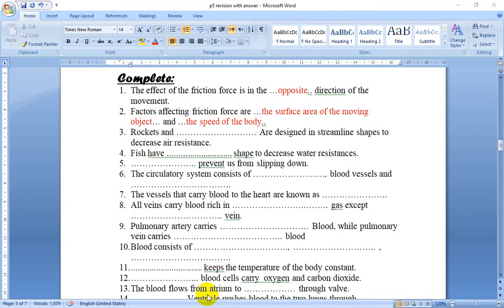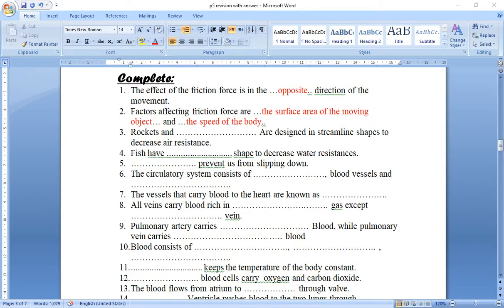3. Rockets and what are designed in streamline shapes to decrease air resistance? Give me another example of something designed in streamline shapes to decrease air resistance. You can say trains, new cars, ships.